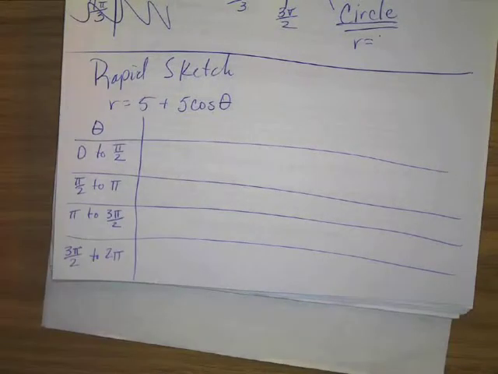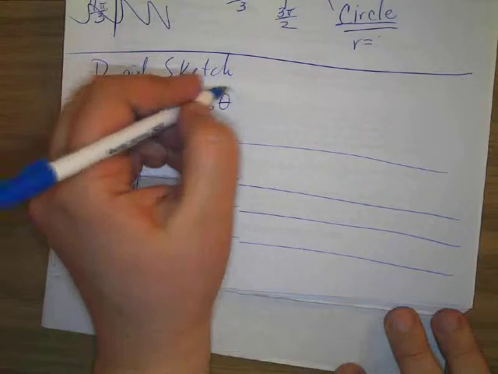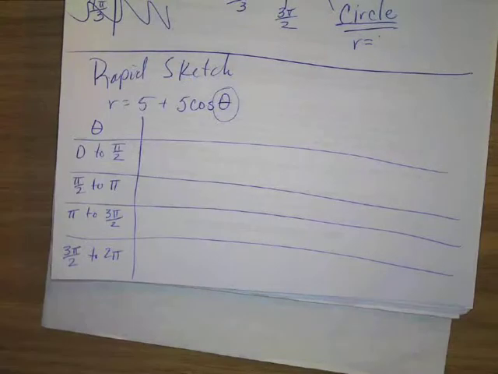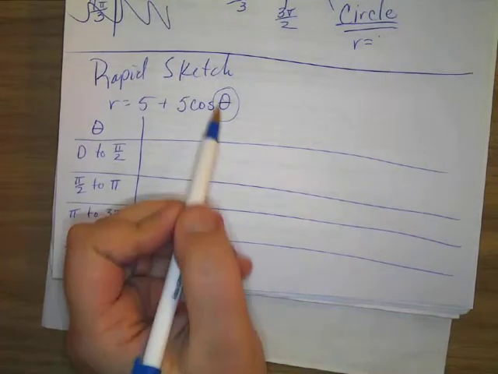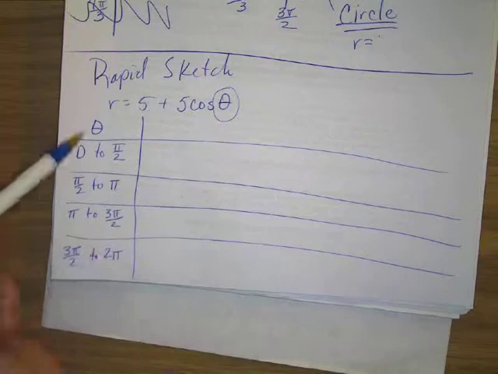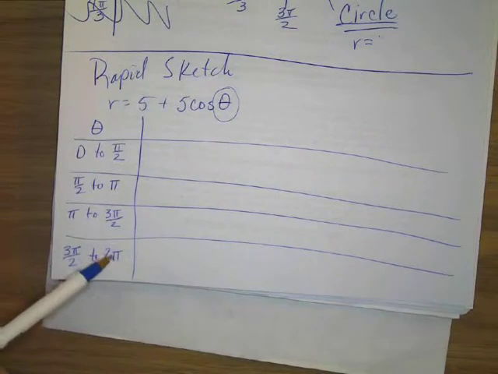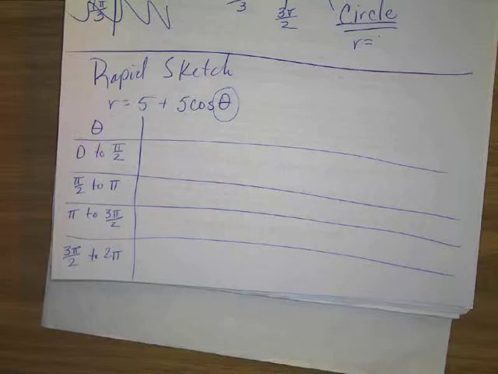Whatever you're taking the trig function of, sine or cosine of whatever, you want that to be the quadrantals. If that was a 5 theta, I would want the 5 theta to be my quadrantals.